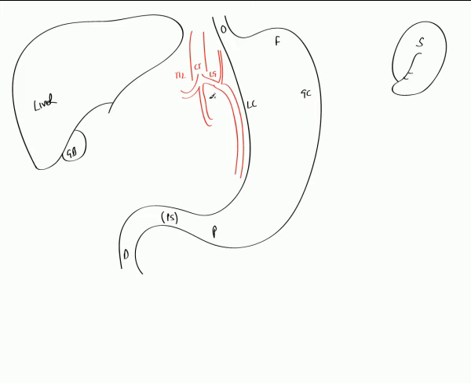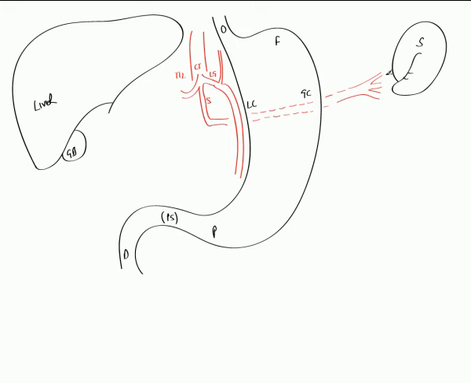If we then move on to the splenic artery, as its name suggests, the splenic artery is going to supply the spleen, and this artery runs posterior to the stomach. So I'll draw it going behind the stomach with these dotted lines, and then once it emerges from behind the stomach, it extends up towards the spleen, where it then gives off numerous branches to give arterial blood to the spleen.